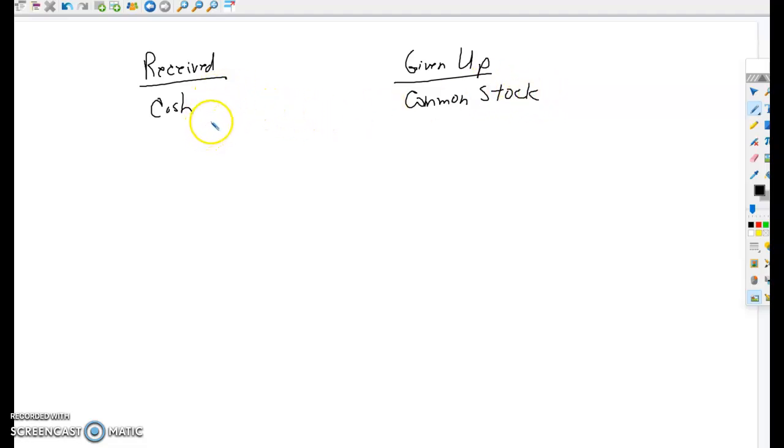So cash came in of $45,000. We're going to put that in the bank, right? And we gave up stock certificates worth $45,000 as well. Then, of course, in the analysis part, we have to identify what are these things. Well, cash is an asset. It's something we own. And common stock, well, that's part of stockholders' equity.